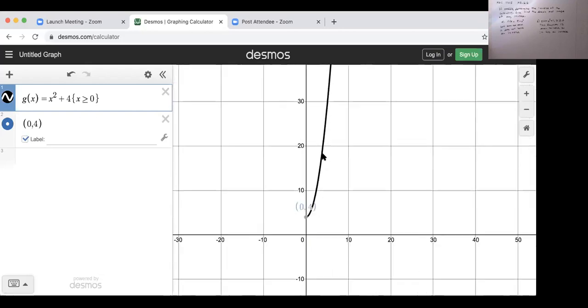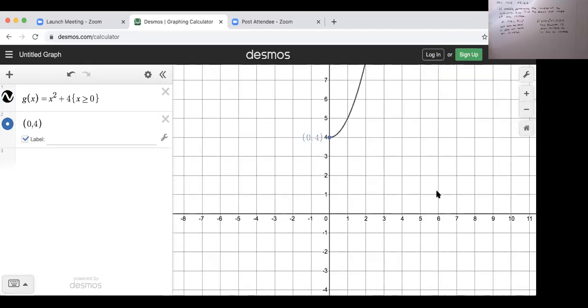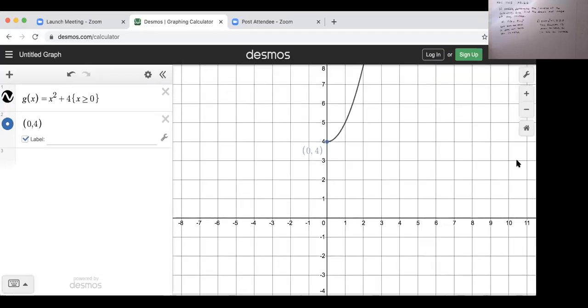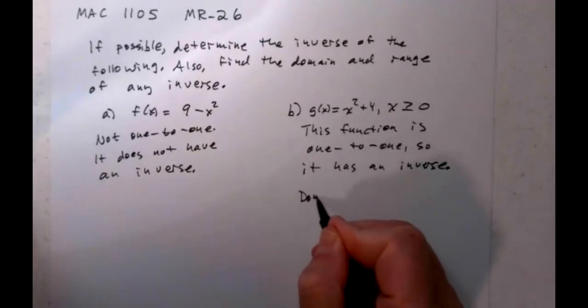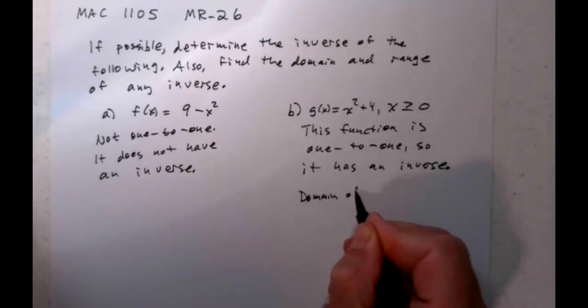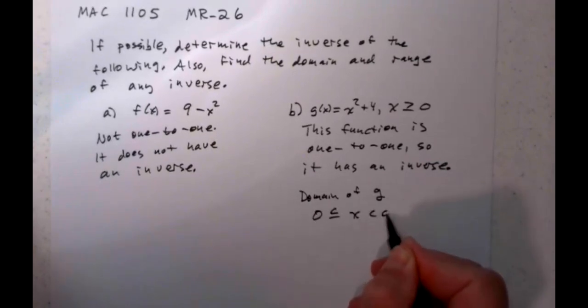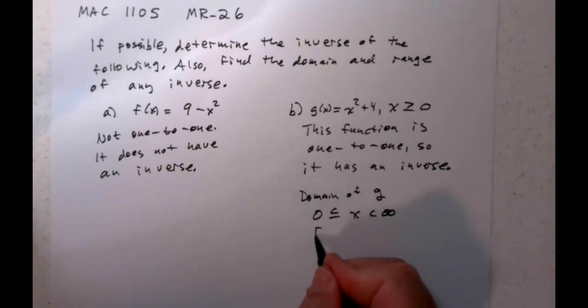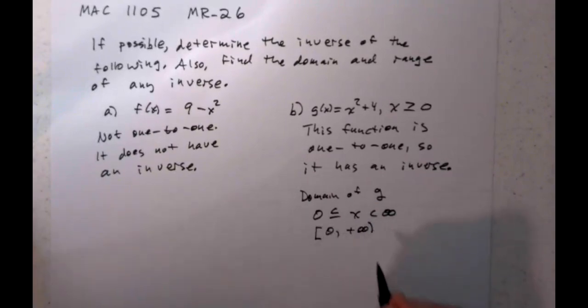So the domain, the lowest x value you see is 0. And the highest x value you see, well, you can't see as high as it goes. So domain from 0 to infinity, but it includes 0, since x is greater than or equal to 0. So the domain of g is square bracket 0 to plus infinity.